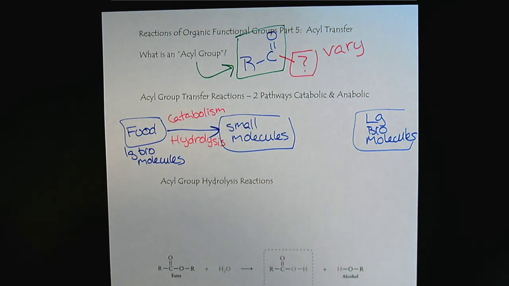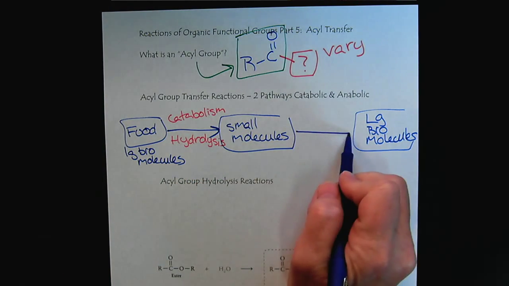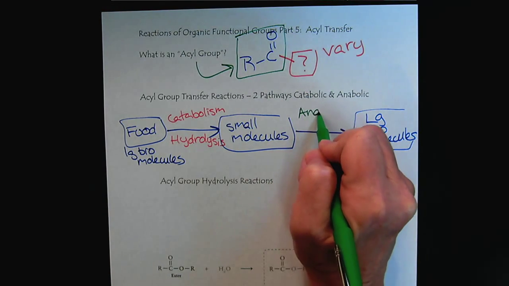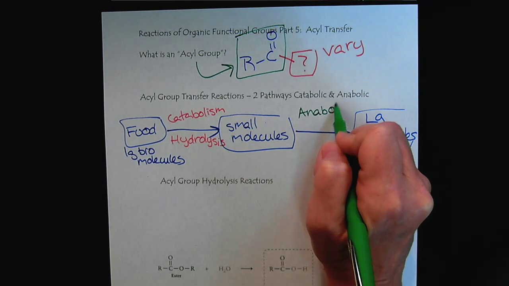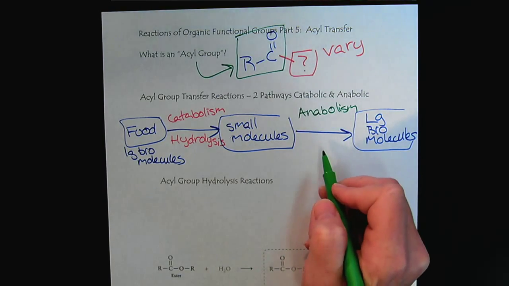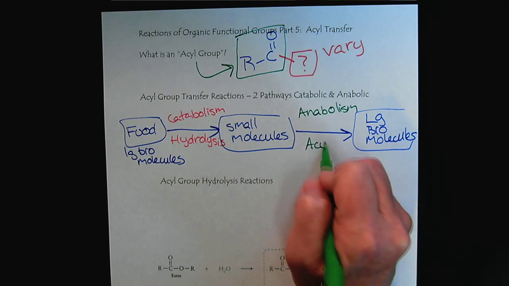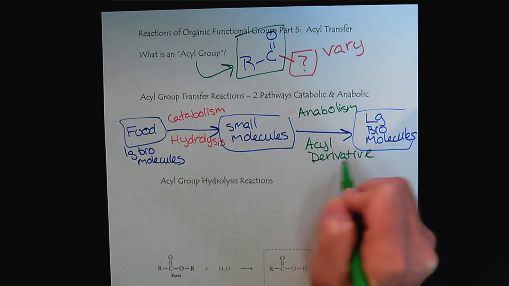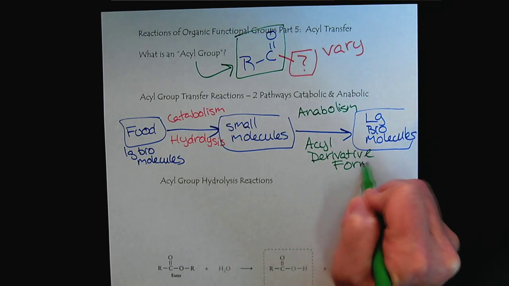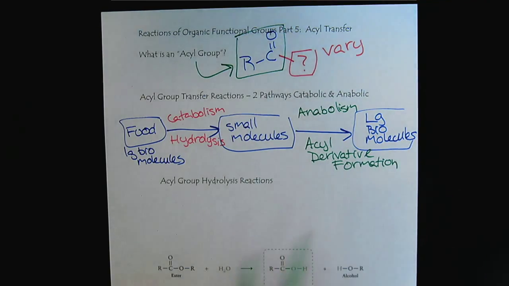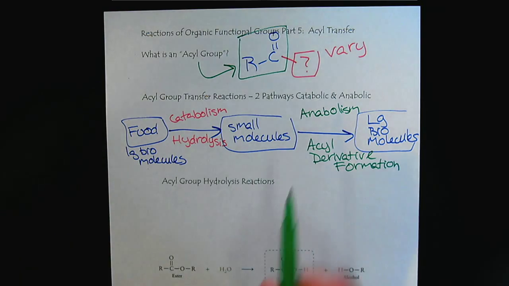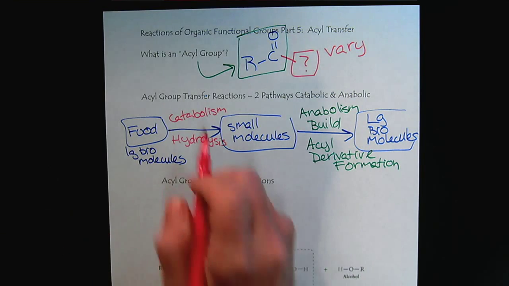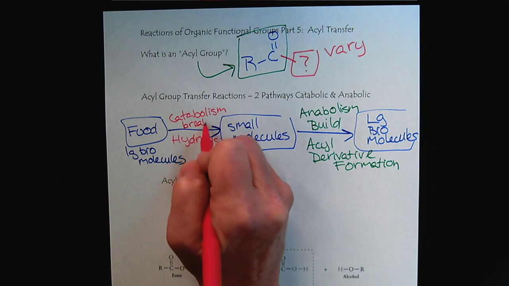And then we'll take those small molecules and we will use anabolic reactions, anabolism, to build them up, and that will be the acyl derivative formation reactions. So anabolism is building and catabolism is breaking down.